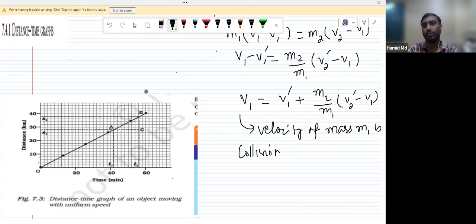Have you drawn graphs in your mathematics class? Yes, sir. So what does a graph tell us? What do we mean by the graph? Have you seen the graph of sine theta?